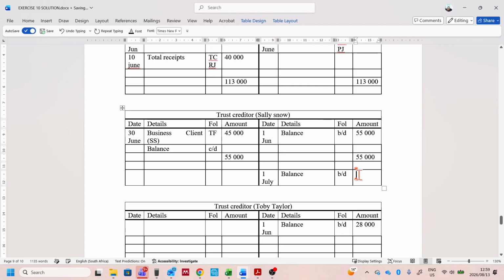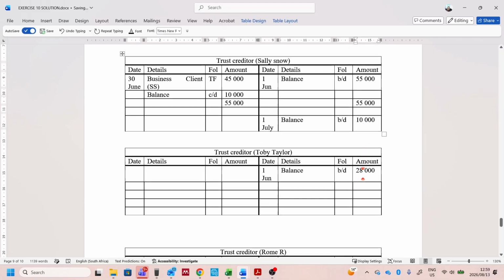How much? 10,000, which is 55 minus 45. So this is the balance that will be left in Salisno account.